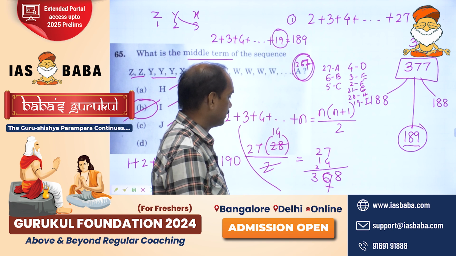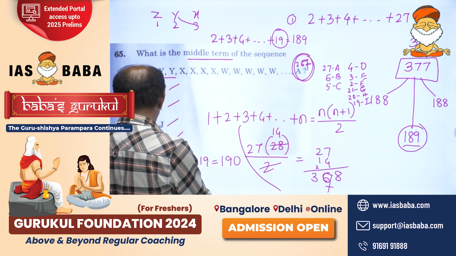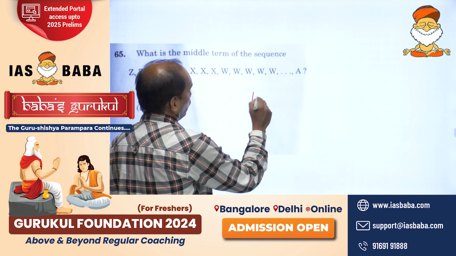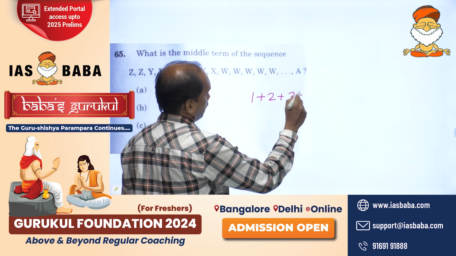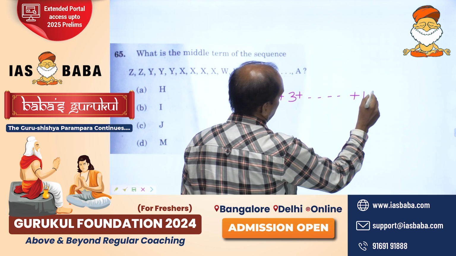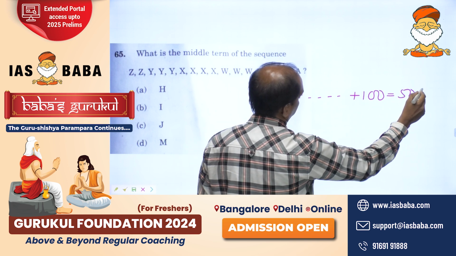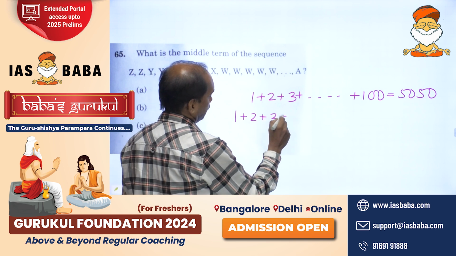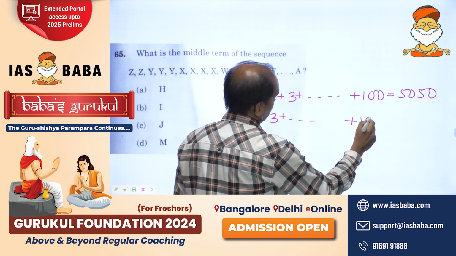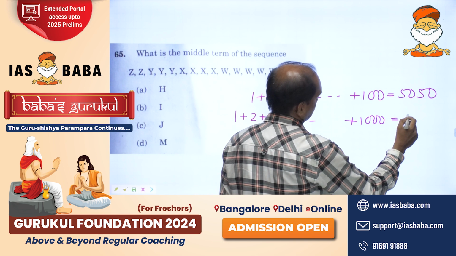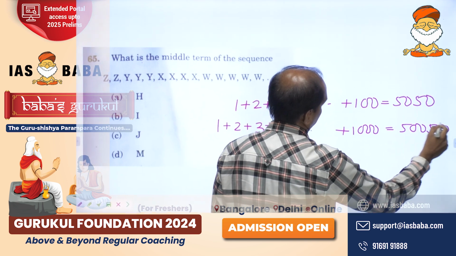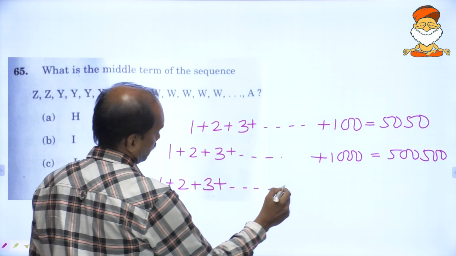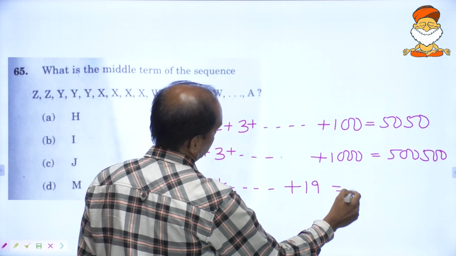So you will have to remember some of the things here by heart. It is better you remember some of the results. 1, 2, 3, 4 up to 100, it is 50, 50, easy to remember. 1, 2, 3, 4 up to 1000 it is 500, 500. 1, 2, 3, 4 up to 19 it is 190.